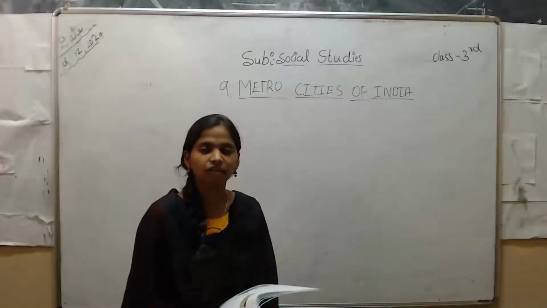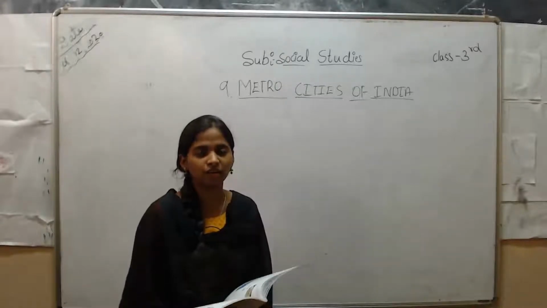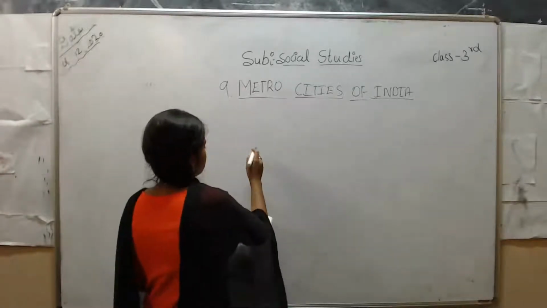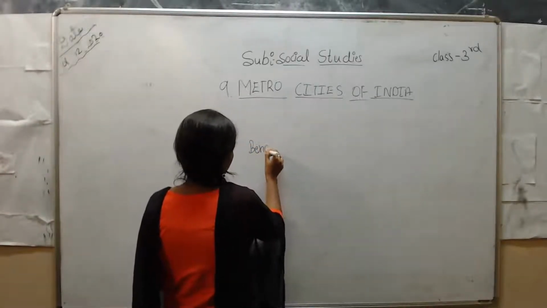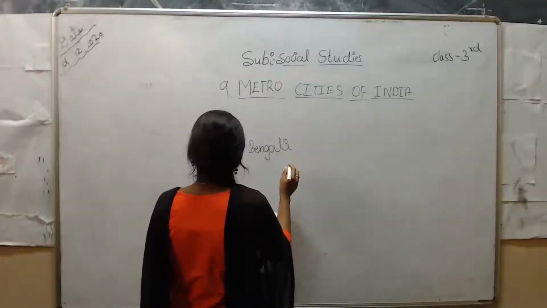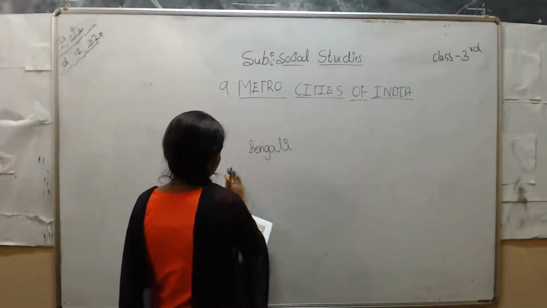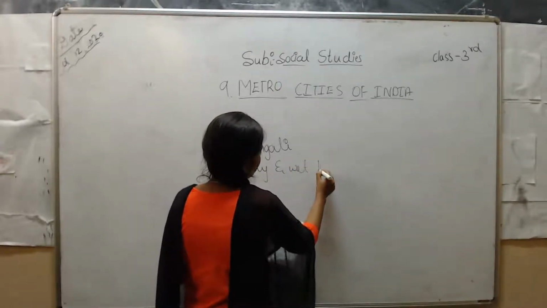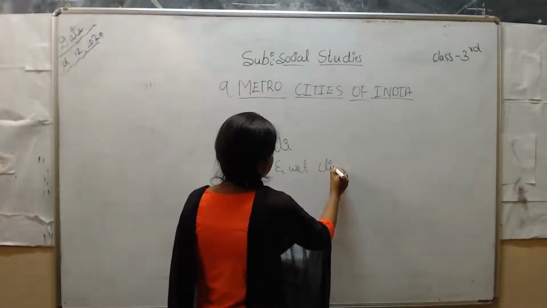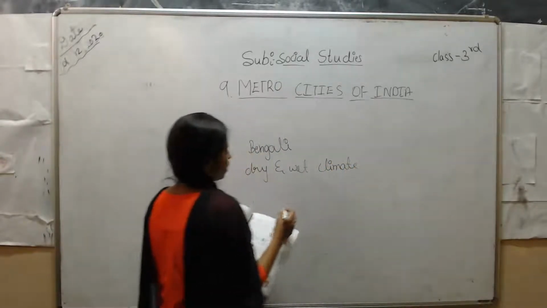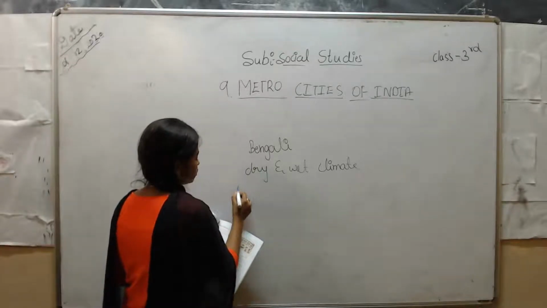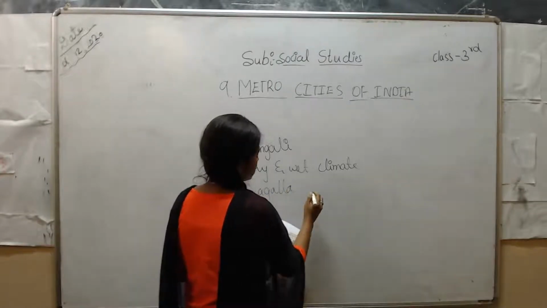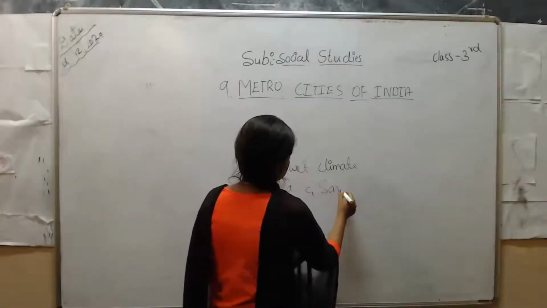There are some other important things about this city, Kolkata. The most spoken language in this city is Bengali. Bengali is the common language spoken in Kolkata, and it has a dry and wet climate. Two major sweets present here are Rasagulla and Sandesh.